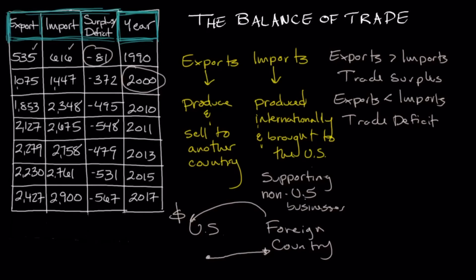Now we're supporting U.S. businesses. You have demand for different products and services that supports, obviously, employment, which in turn supports wages, which in turn supports productivity, which in turn increases consumer spending.